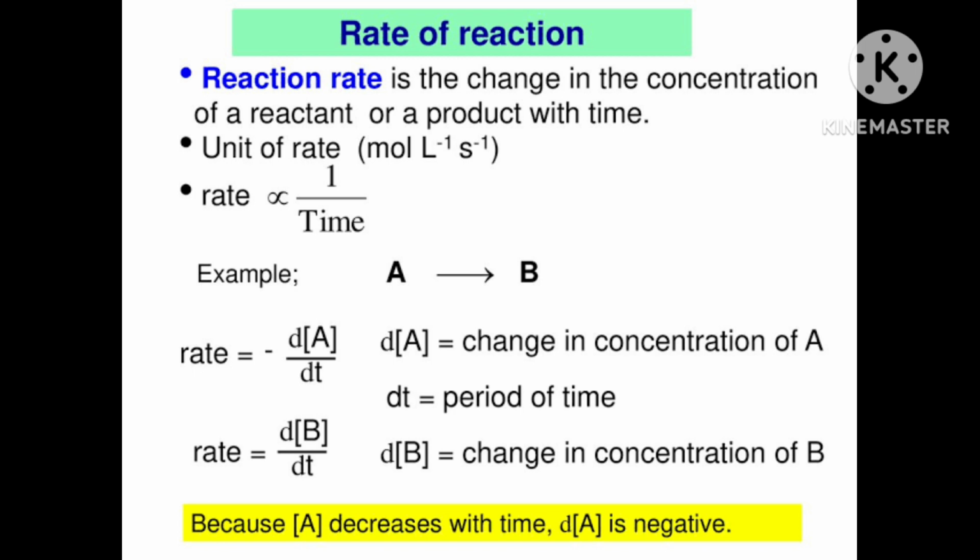Actually, the pressure term you will use only for gas, and the concentration term you will use for liquid solution. Both are equivalent terms. Mole per liter is concentration, and in place of concentration you can write partial pressure. And after that, important factors are temperature and catalyst.